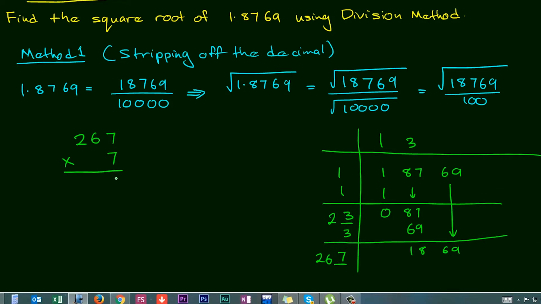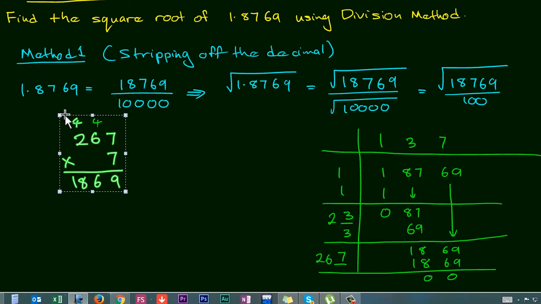So 7 times 7 is 49. 6 times 7 is 42. 42 plus 4 is 46. And 2 times 7 is 14. 14 plus 4 is 18. So that is going to be exactly 1869 with remainder 0. So that is going to be 137. I'm going to delete this.